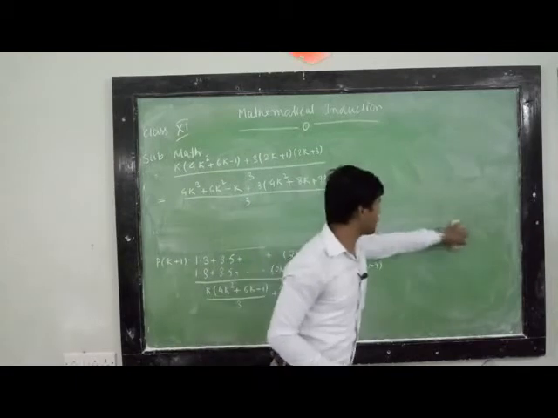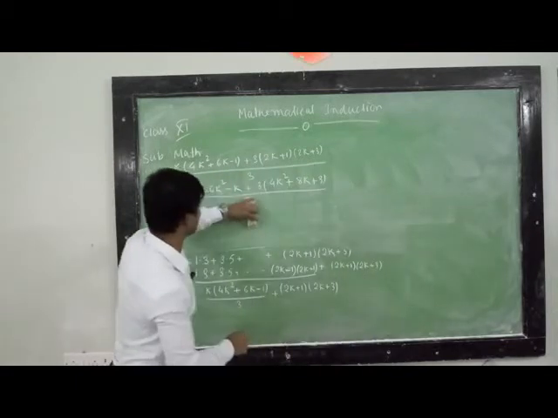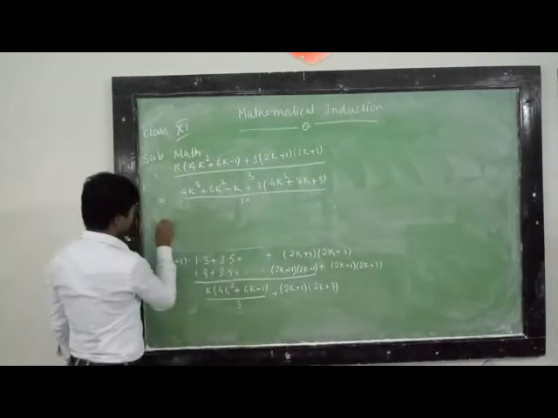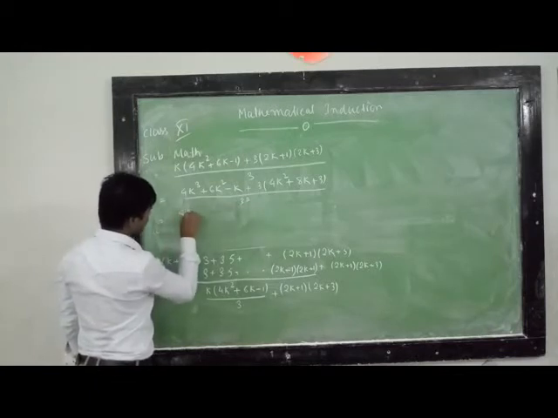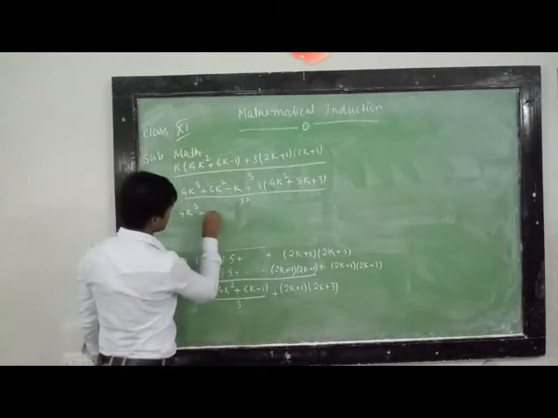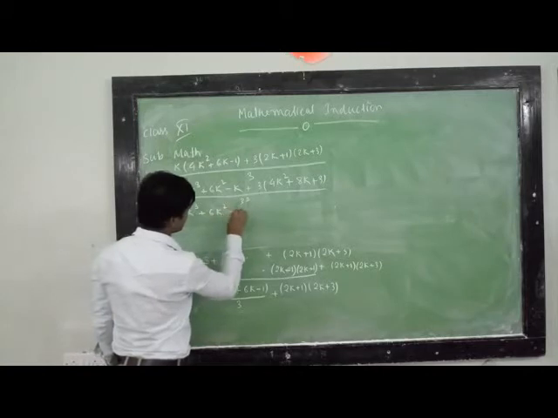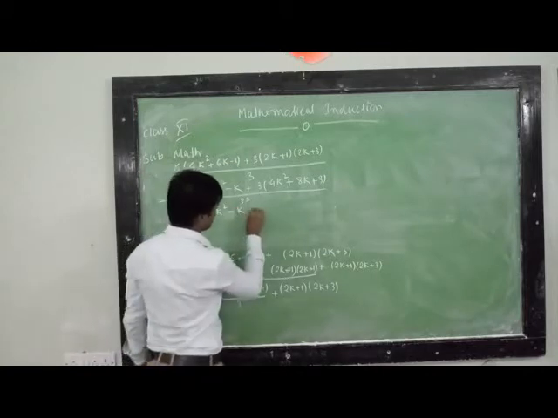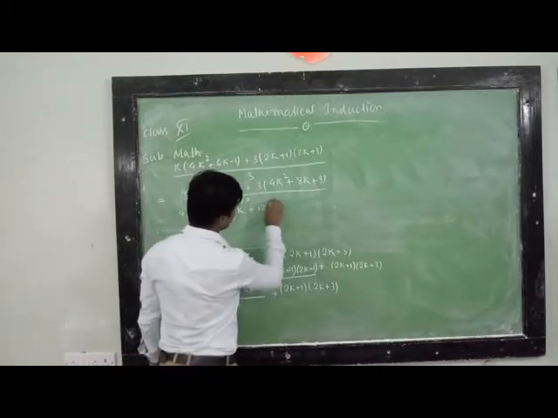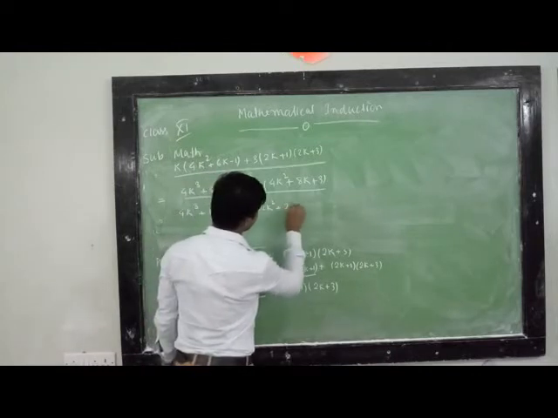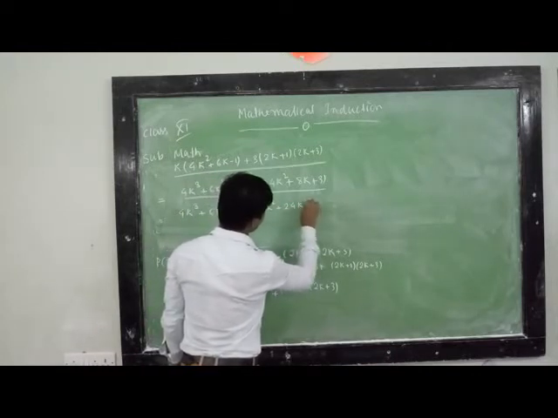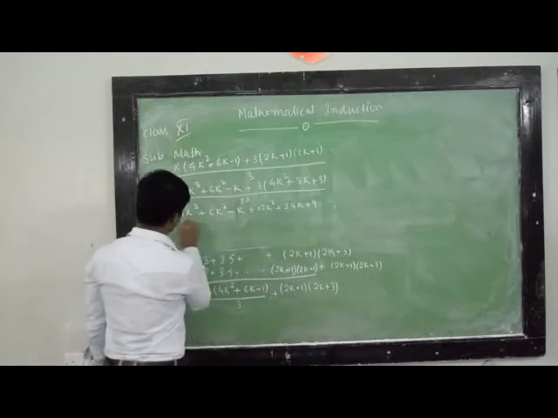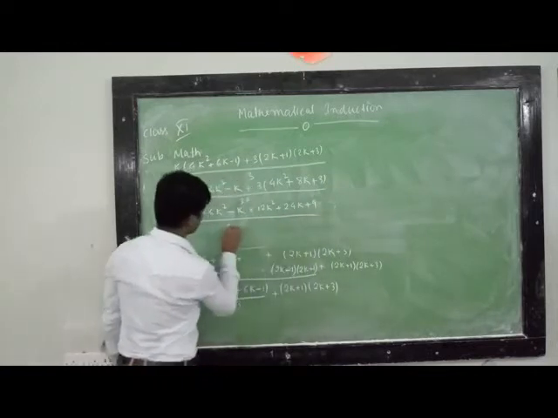And now multiply the expression by 3 again. So this is equal to 4k cube plus 6k square minus k plus 12k square plus 3 eights are 24k plus 9, by 3.